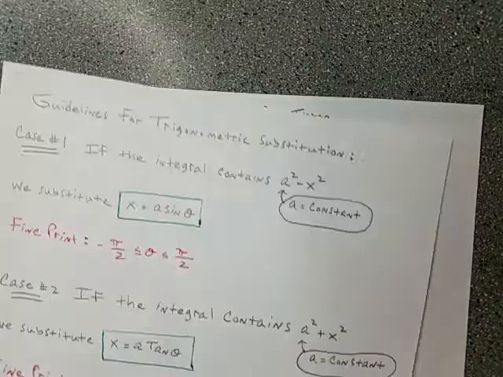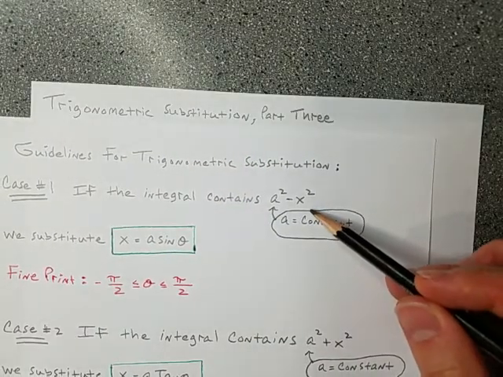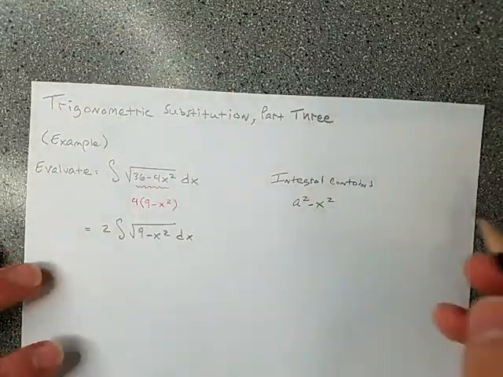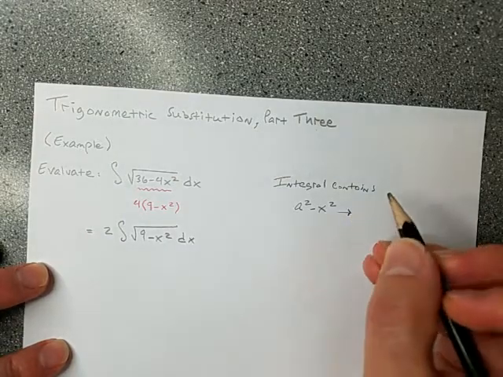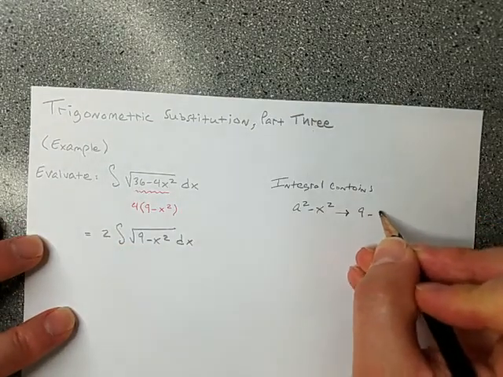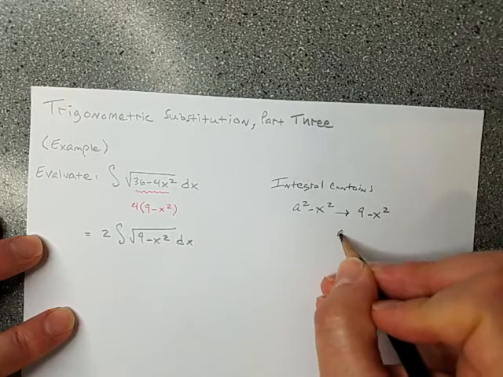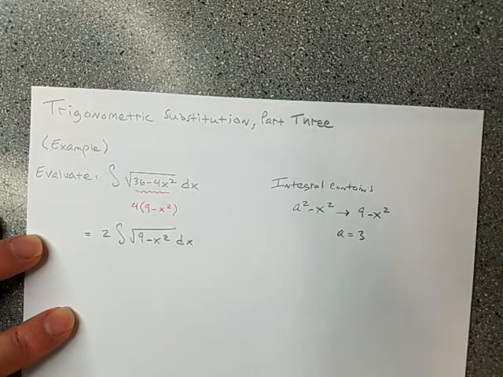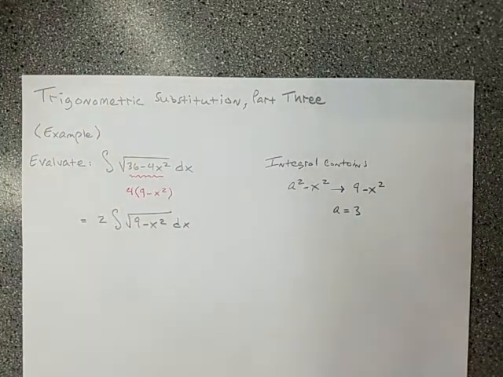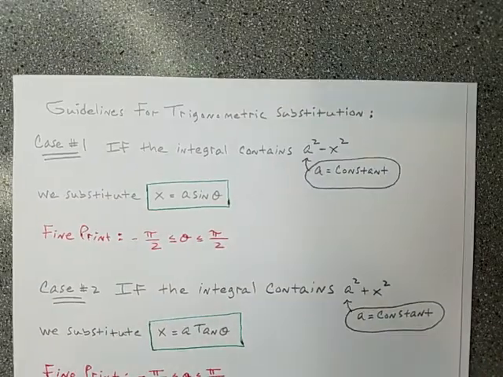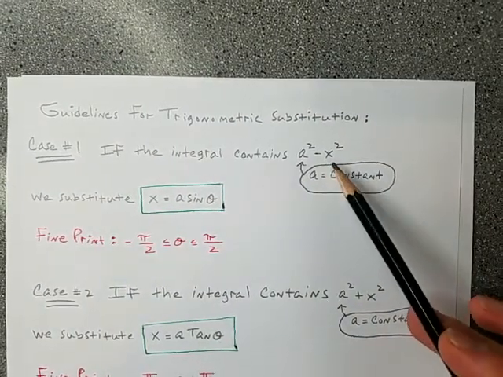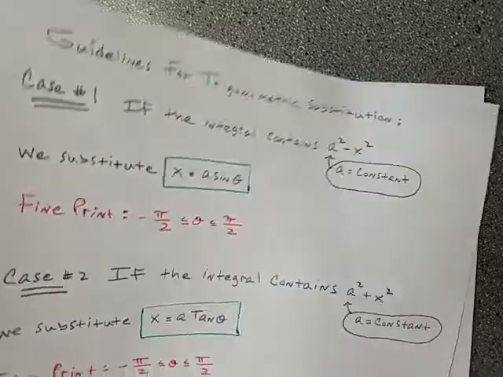That was my statement here in my guidelines. And the form is 9 minus x squared. And so that would make a be 3. So then what's the substitution? In that case, our integral contains a squared minus x squared. We will substitute x as a sine theta.